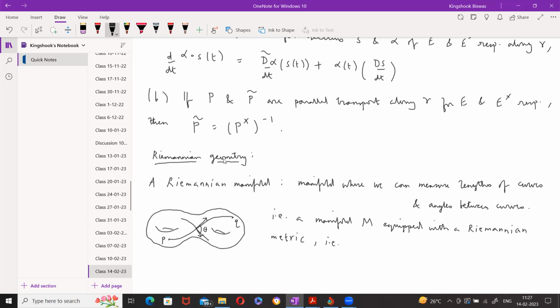So on each tangent space TpM, I will have an inner product g sub p.